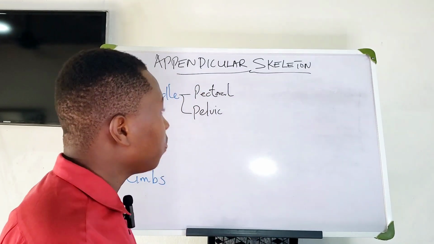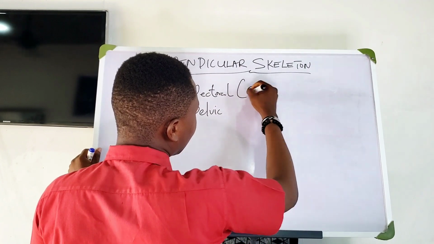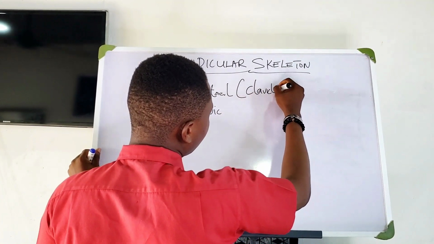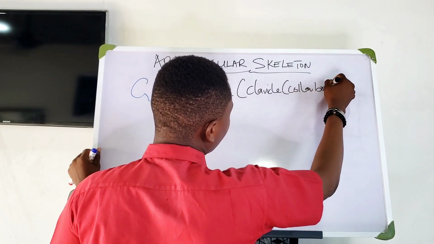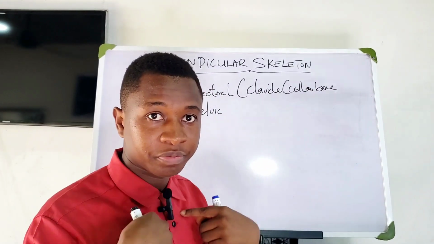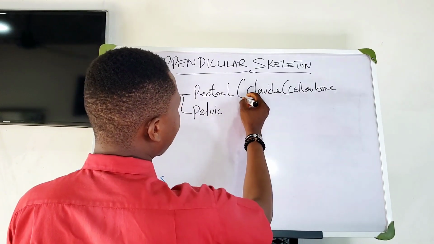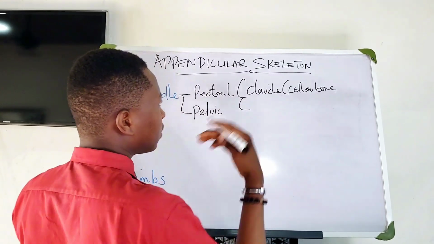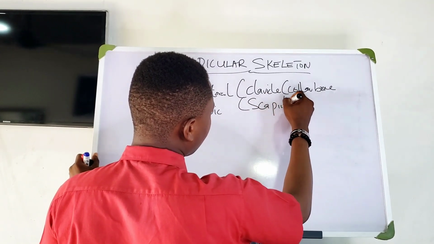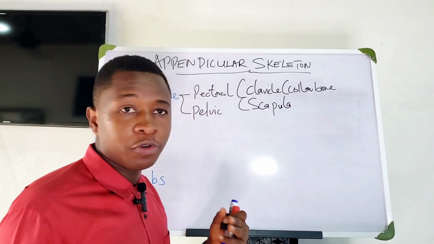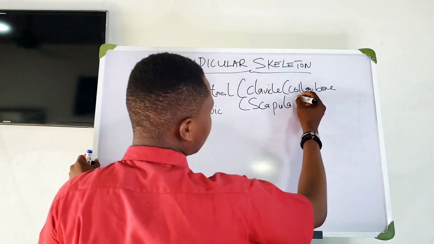It is made up of two bones: the clavicle, often known as the collarbone. That's this bone you have here. And then the scapula, often known as the shoulder blade.